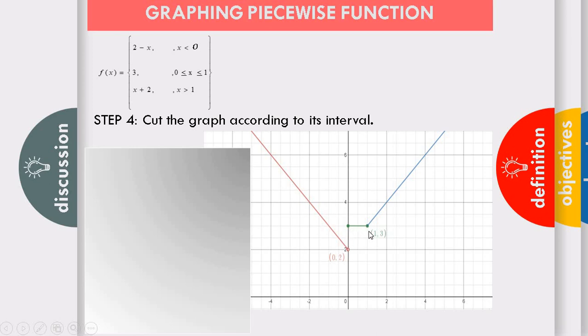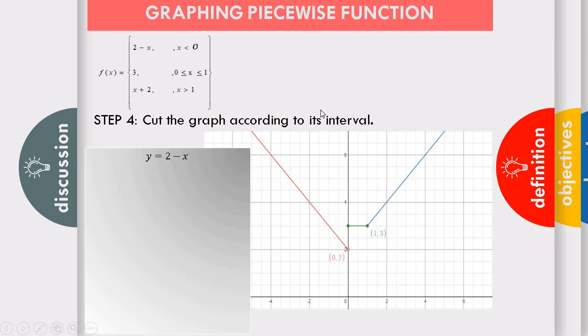While the second subfunction has both solid points, because we have greater than or equal to and less than or equal to. And the third graph is a hollow point. It's just overlapping the point of the second subfunction, but it is a hollow point. So when a hollow point and a solid point overlap, it will become a solid point. But in the third subfunction, it is hollow. Okay.